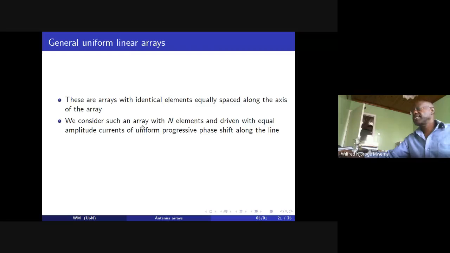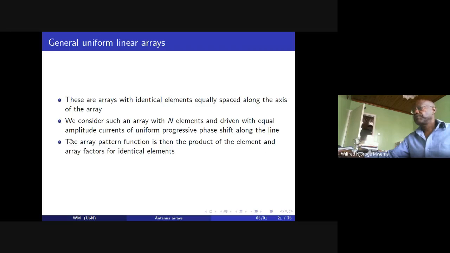And we consider such an array with n elements driven with equal amplitude currents of uniform progressive phase shift along the line. So the array pattern function is then going to be the product of the element and the array factors for the individual elements in the multiplication principle.